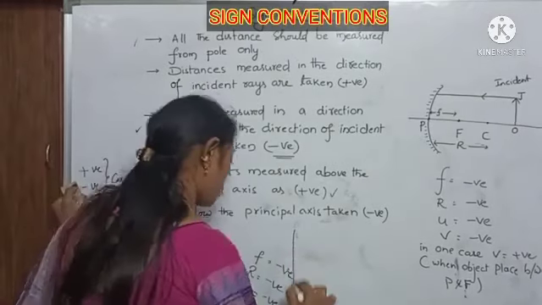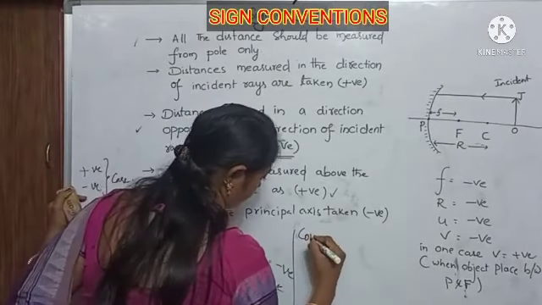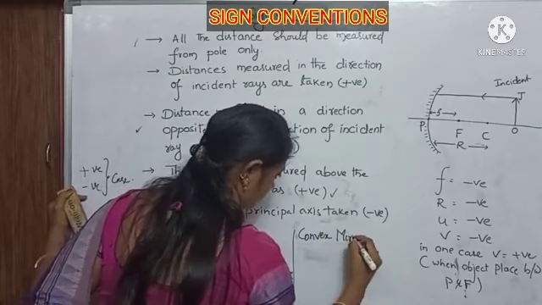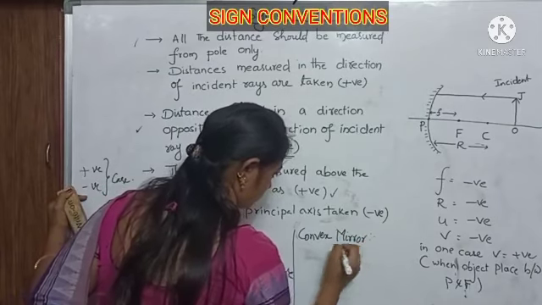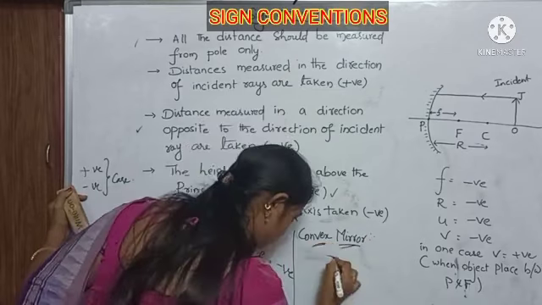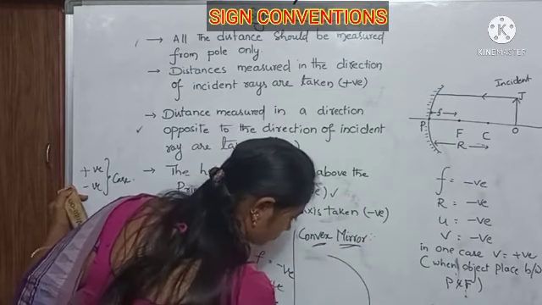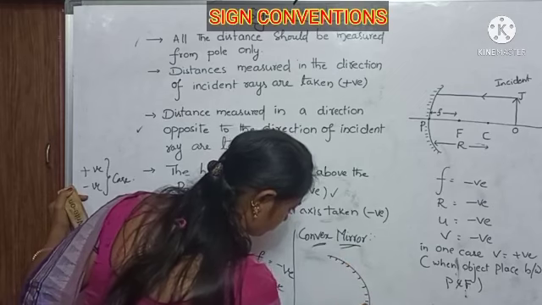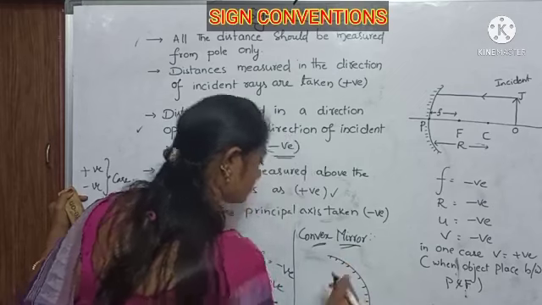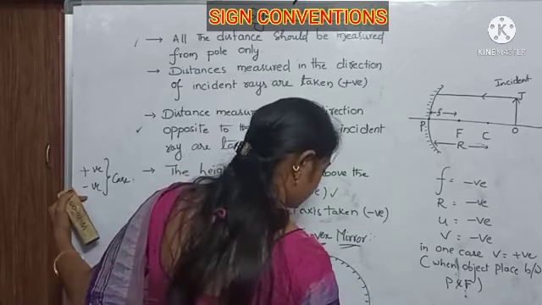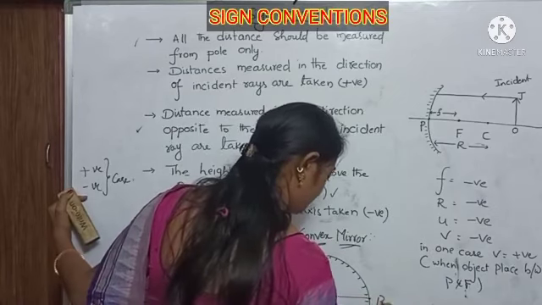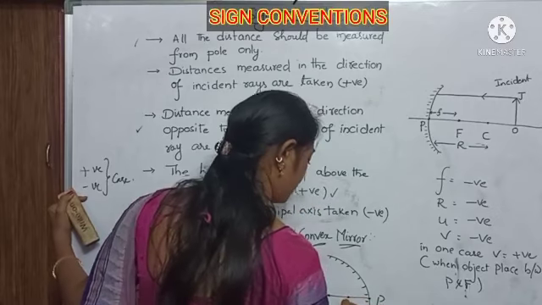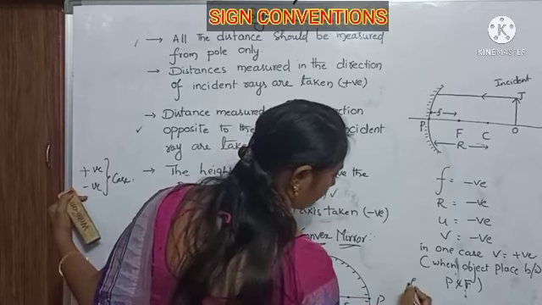Next, the convex mirror. Pole, center of curvature, focus point. We have to find the focal length.